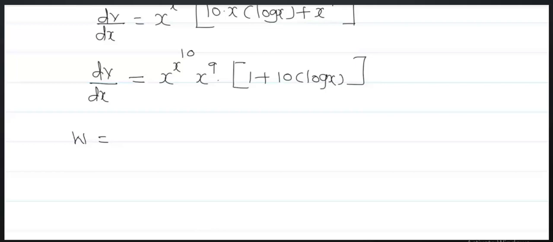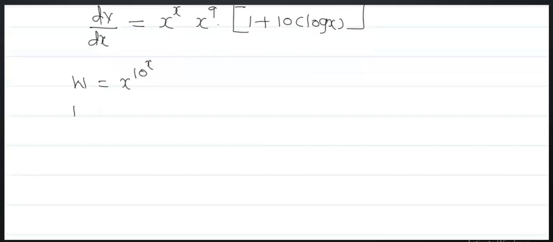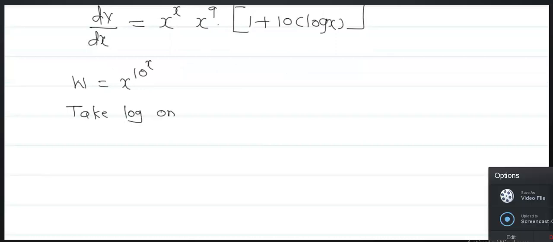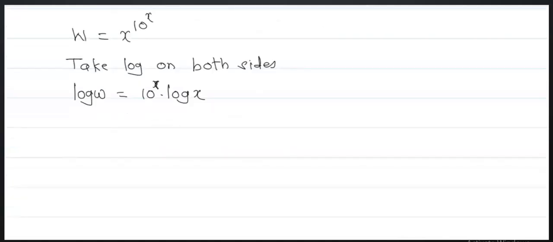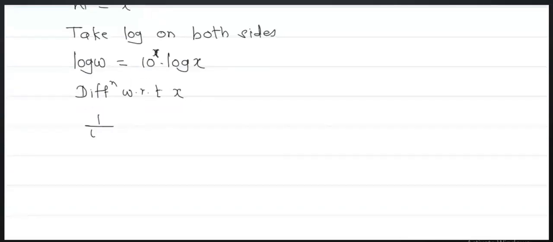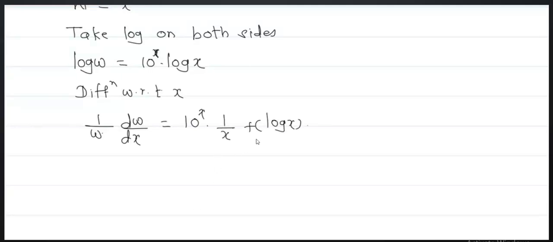Now w. W is equal to x raised to 10 raised to x. Take log on both sides. Therefore, log of w is equal to 10 raised to x into log of x. Now differentiate this with respect to x. Therefore, 1 upon w into dw by dx. Now here we will apply the product rule: 10 raised to x, derivative of log of x is 1 upon x, plus log of x into derivative of 10 raised to x, which means 10 raised to x into log of 10.